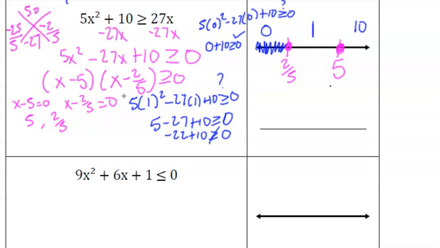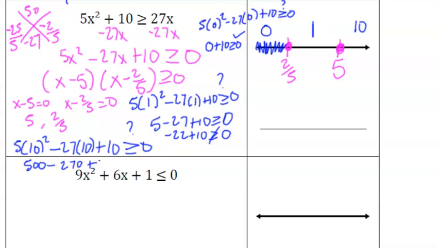Okay, now let's plug in 10. 5 times 10 squared minus 27 times 10 plus 10. Is that greater than or equal to 0? So we have 500 minus 270 plus 10. Well, 500 is bigger than 270.